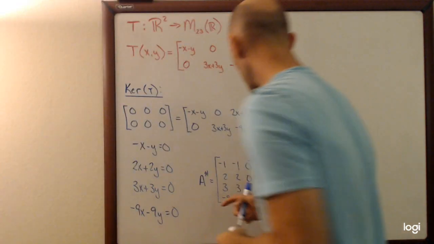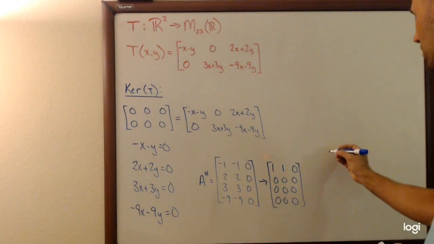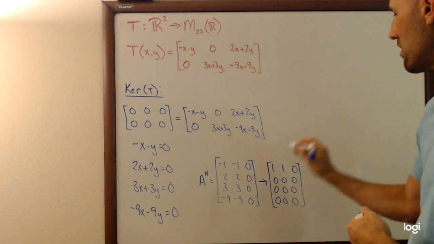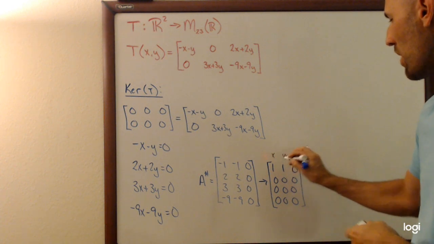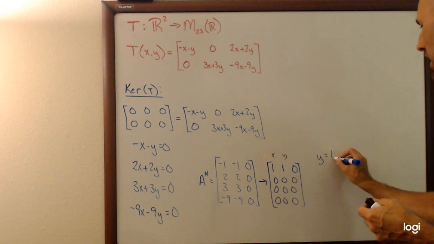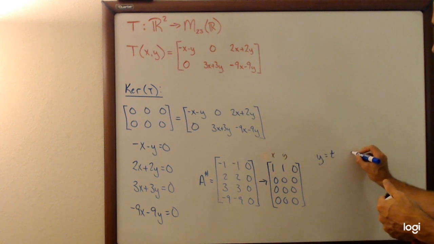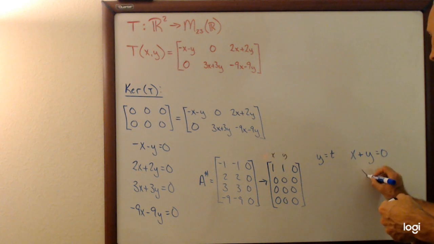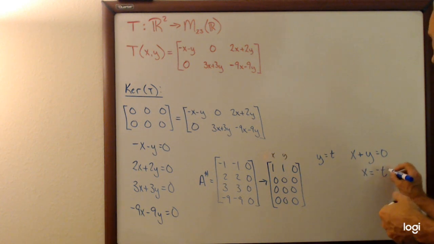I can parameterize. Remember, this was the x column and that was the y column. So I'm going to let y equal t. That equation reads 1x plus 1y equals 0, and so x is equal to negative t.